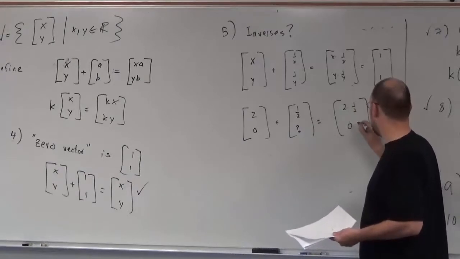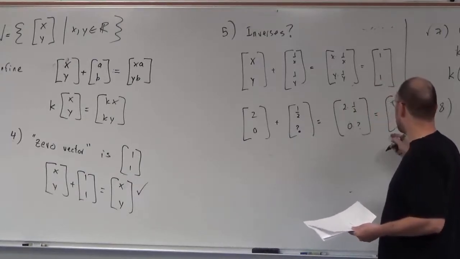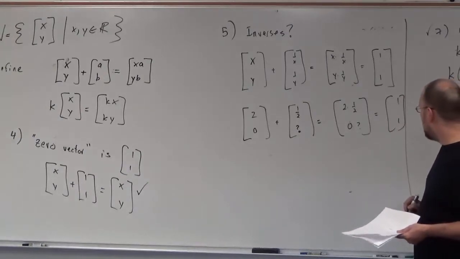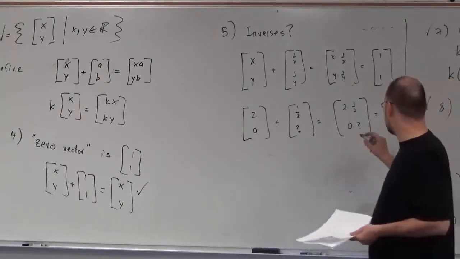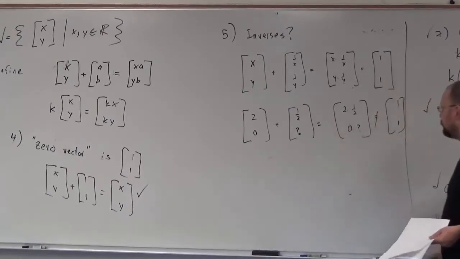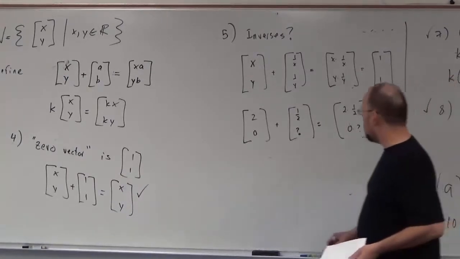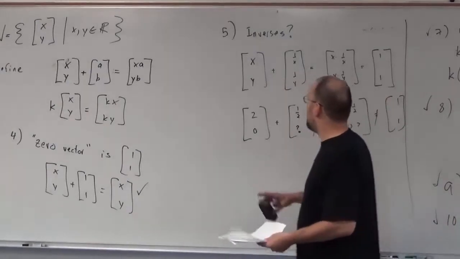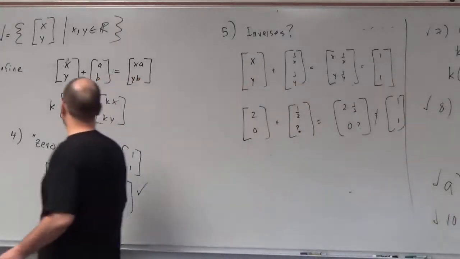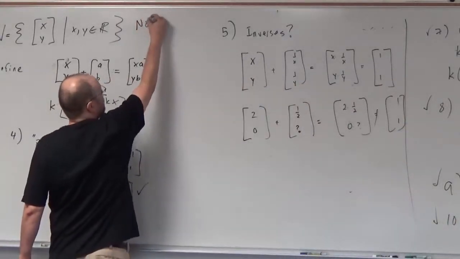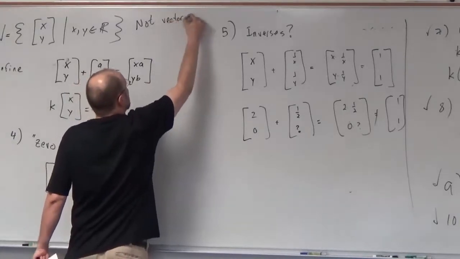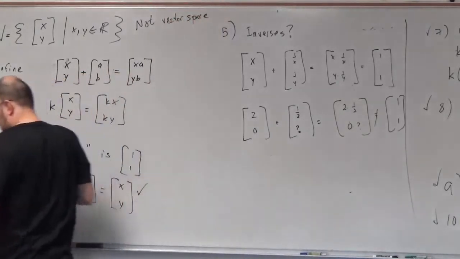But 0 times what gives you 1? And remember, this is our additive identity, or zero vector. So nothing, this doesn't happen. So not all our ordered pairs have additive inverses. So this is not a vector space. It fails the fifth axiom.